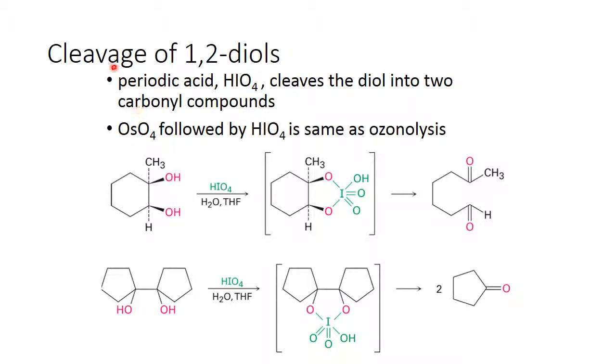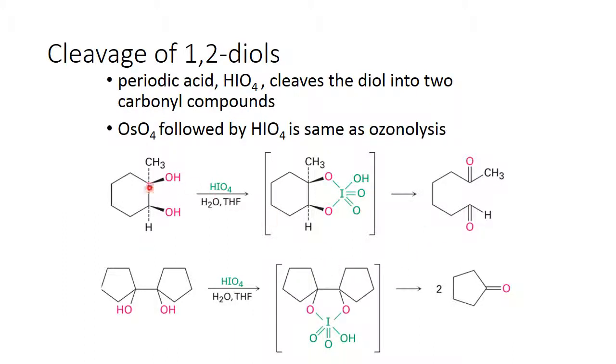All right, 1,2 diols can be cleaved also. So if I take a syn diol and I treat it with periodic acid, what do I get as the outcome of that? The periodic acid adds to the diol like this, and then it rearranges and cleaves it open to 2 carbonyl groups.